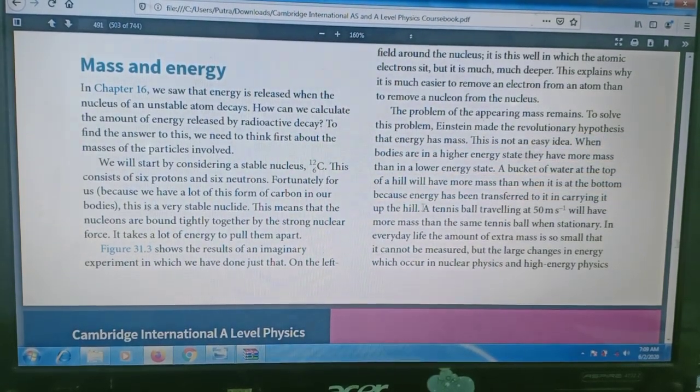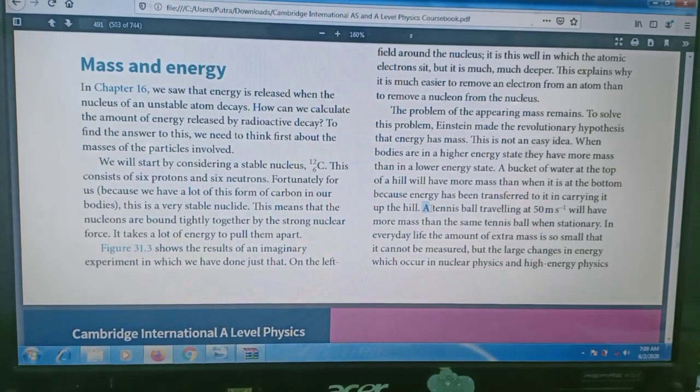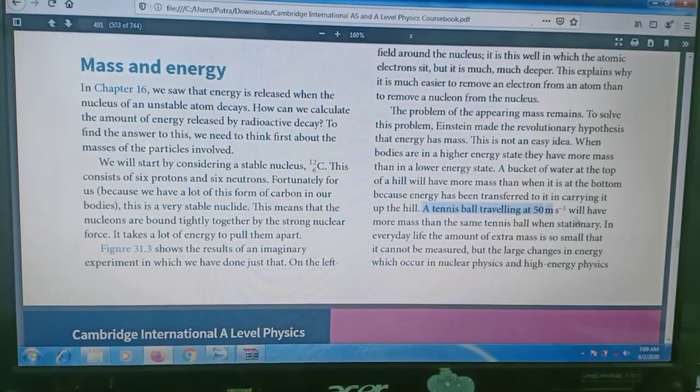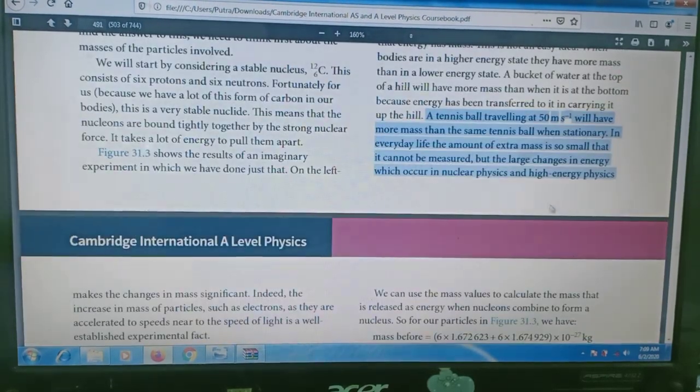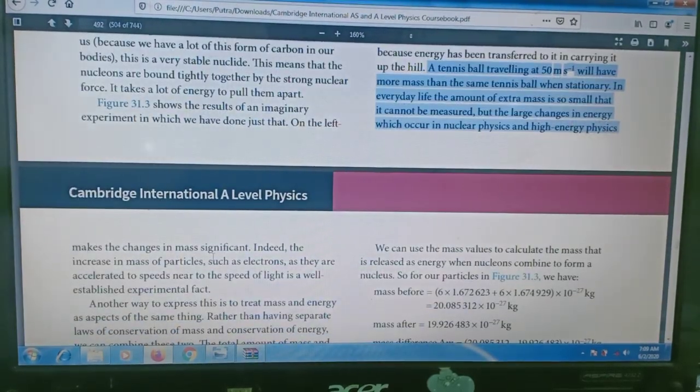And one more example, a tennis ball traveling at 50 meters per second will have more mass than the same tennis ball when it is stationary. In everyday life, the amount of extra mass is so small that it cannot be measured, but the large changes in energy which occur in nuclear physics and high energy physics make the changes in mass significant.